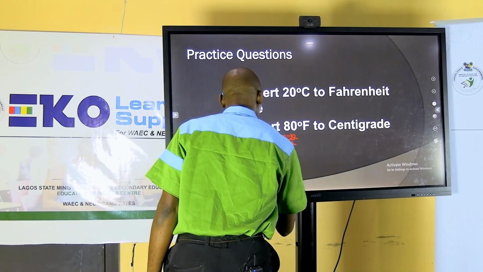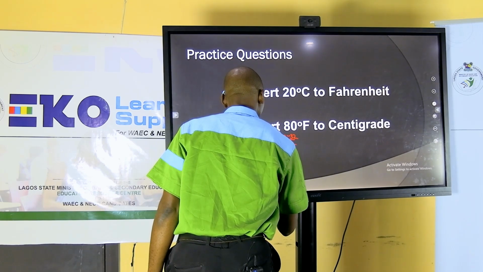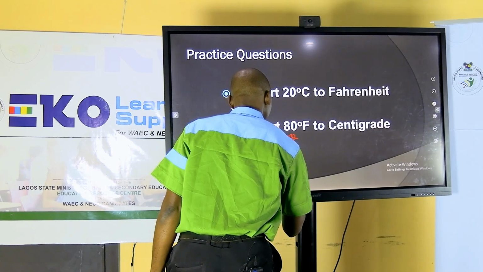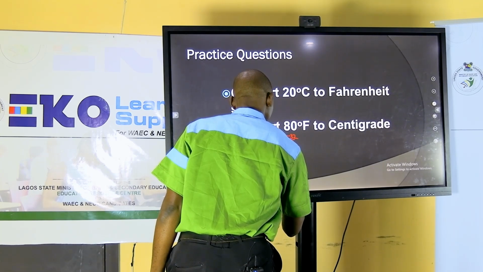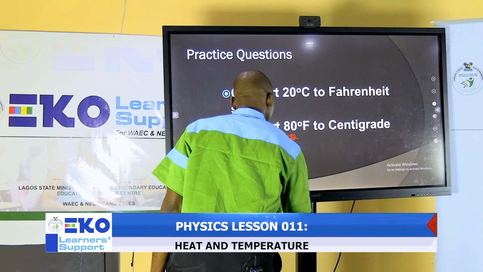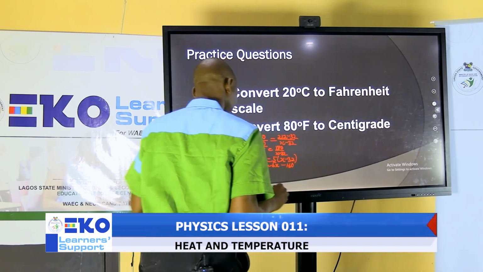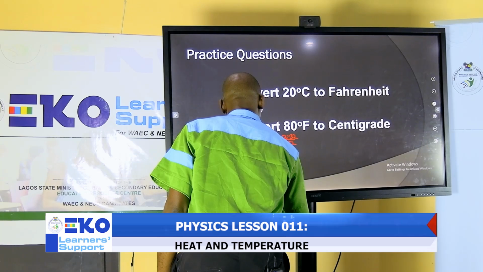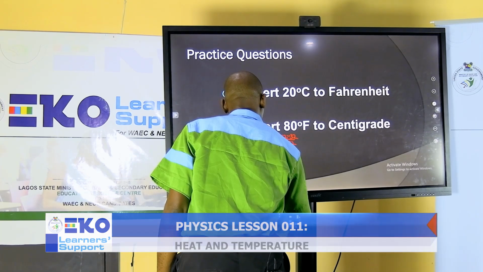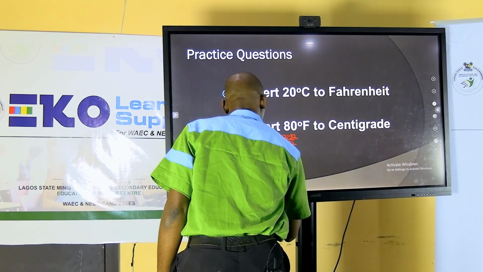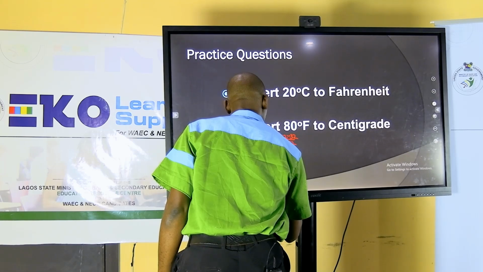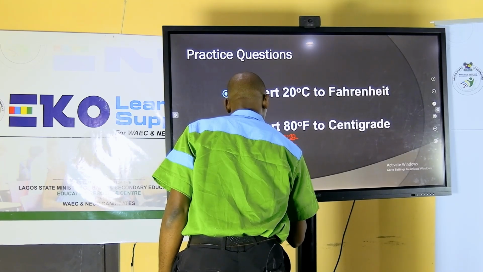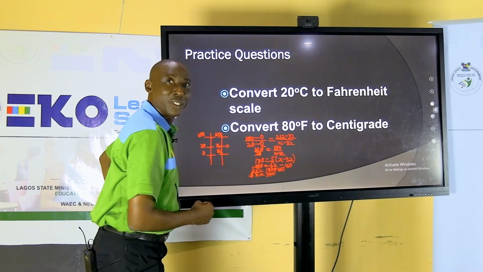So I have my 180 equals 5x minus 160. So 5x will be equal to 180 plus 160. 5x equals 340.